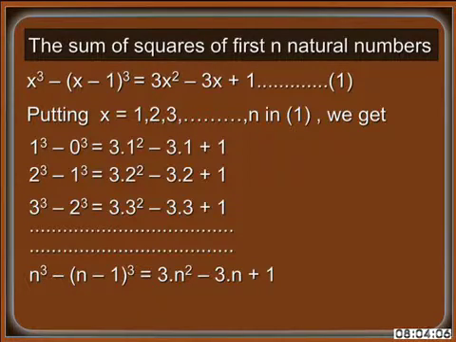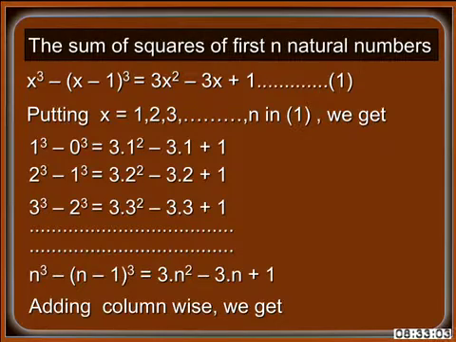3 raised to the power 3 minus 2 raised to the power 3 is equal to 3 into 3 square minus 3 into 3 plus 1. Proceeding in the similar manner, we get n raised to the power 3 minus (n minus 1) whole raised to the power 3 is equal to 3 into n square minus 3 into n plus 1.